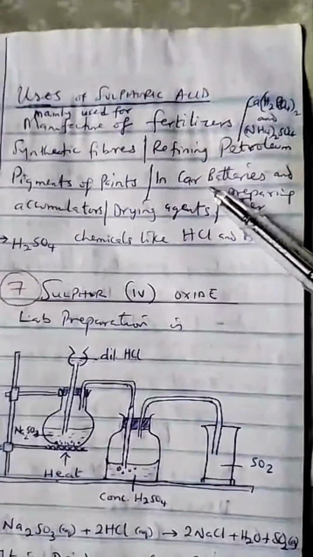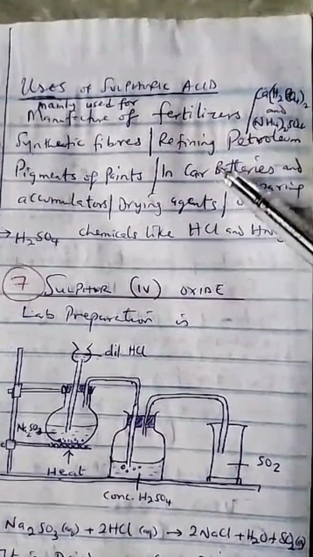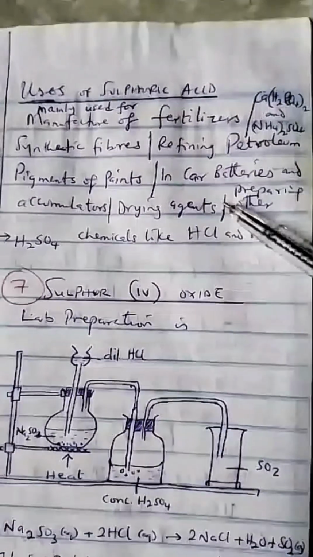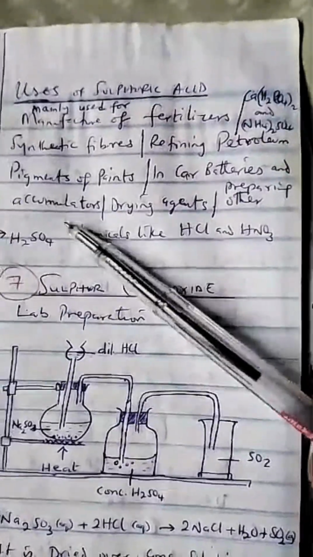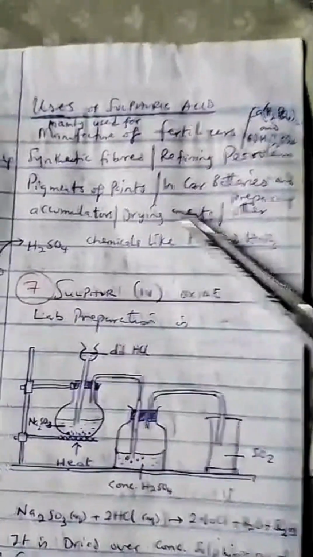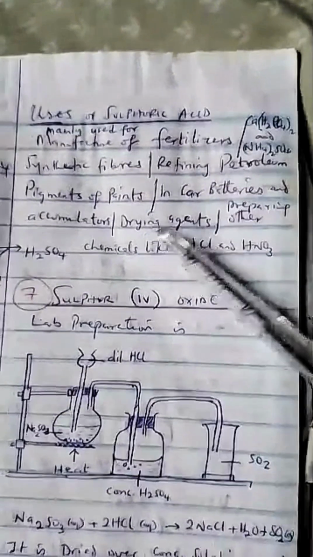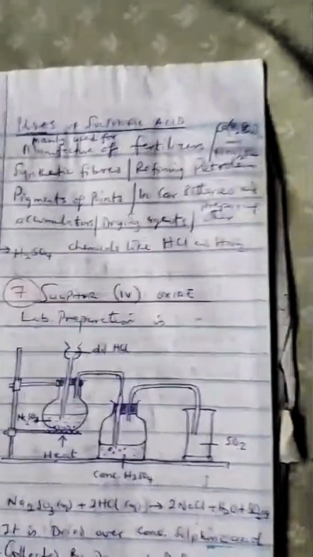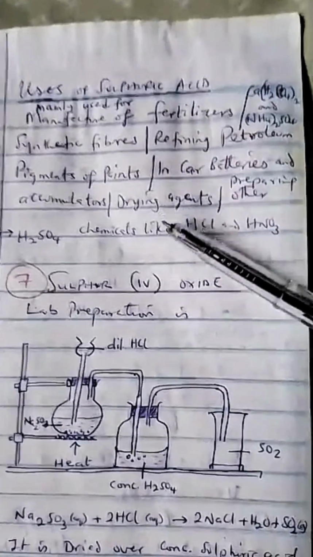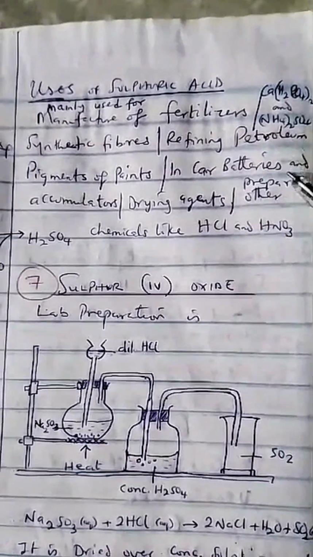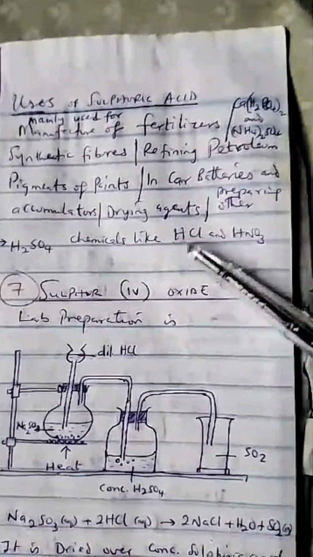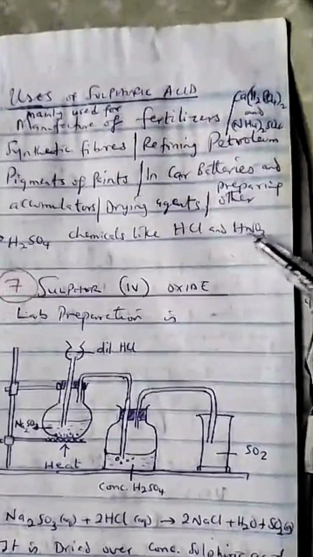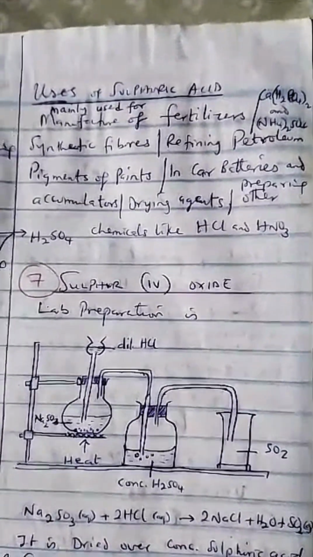It's used in car batteries, your acid accumulator batteries. It's a drying agent, as we've seen. We say that tetraoxosulfate 6 is hygroscopic; those are substances which absorb water without themselves going into solution. It's also used in preparing other chemicals like hydrochloric acid and trioxonitrate 5 acid.